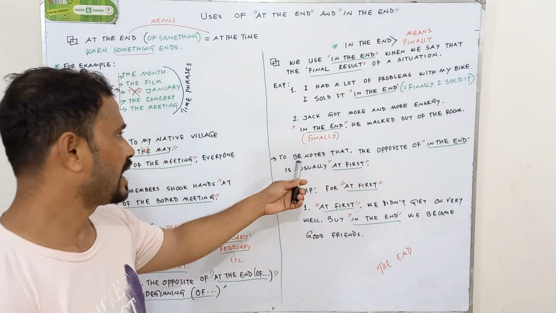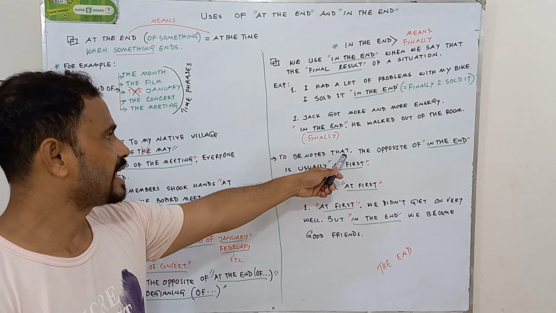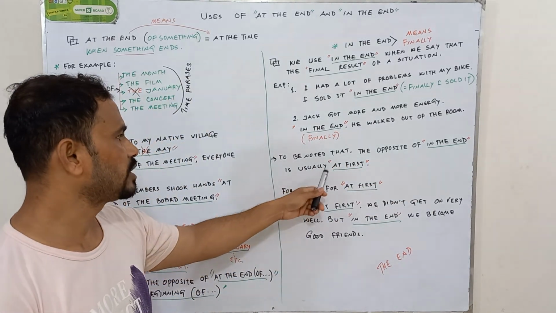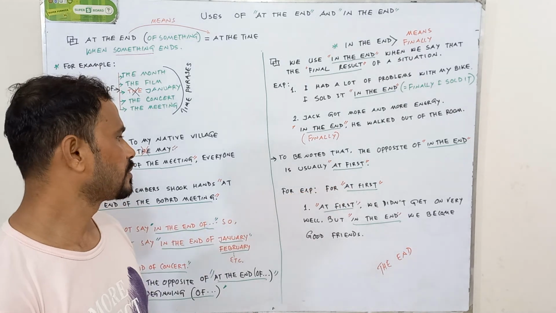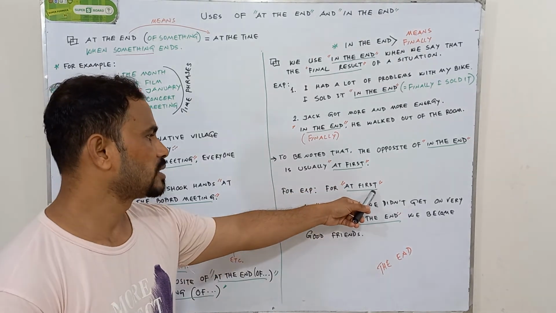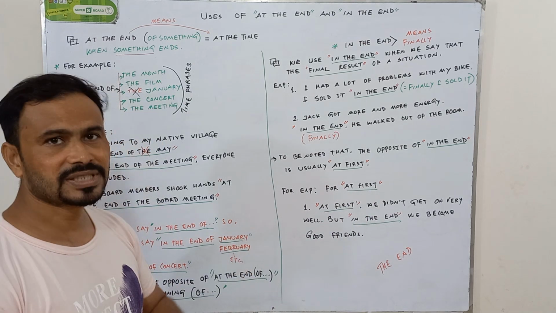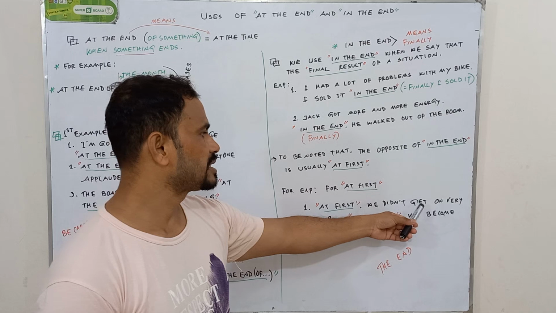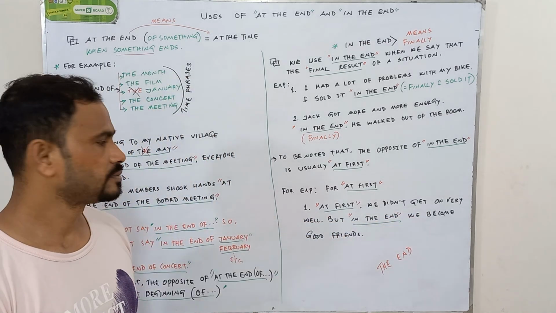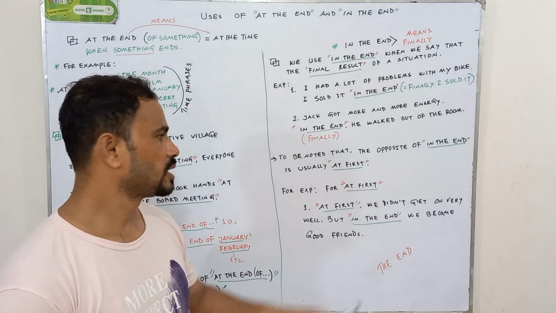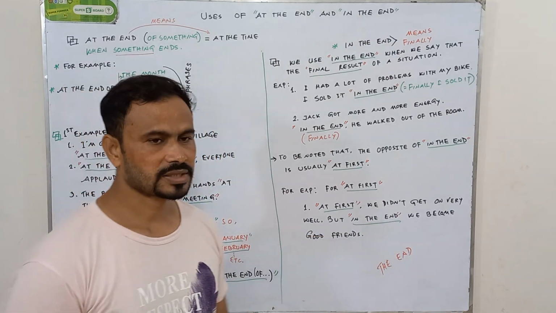Friends, to be noted that the opposite of in the end is usually at first. For example, my first example sentence is at first we didn't get on very well, but in the end, it means finally, we became good friends.